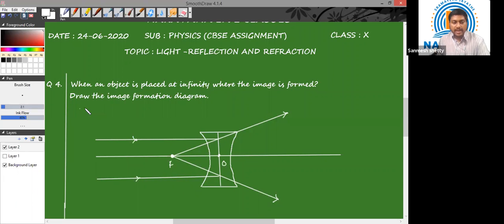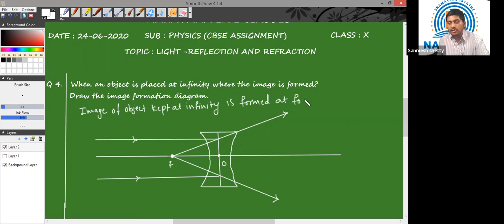So the image of an object kept at infinity is formed at the focus of the concave lens.